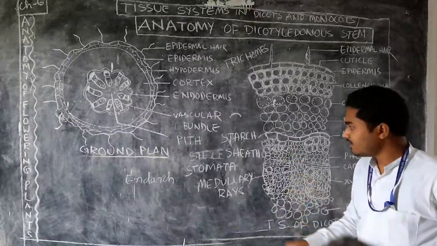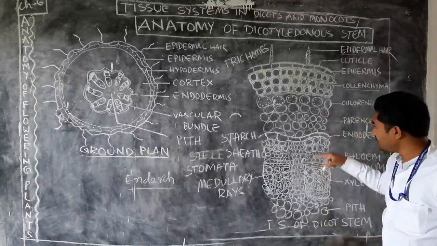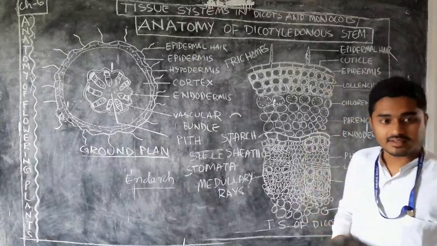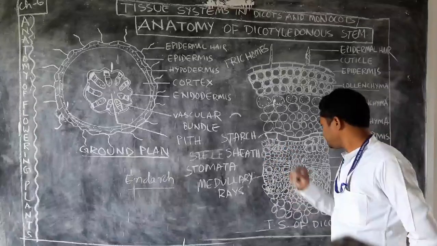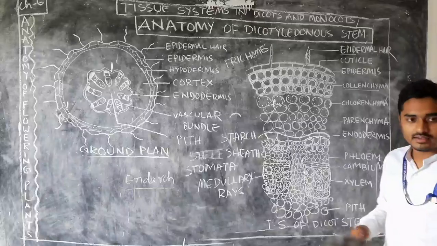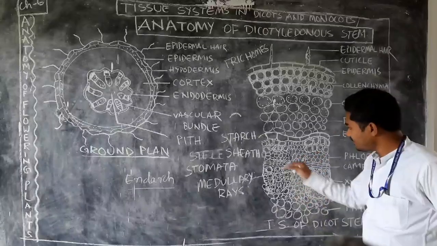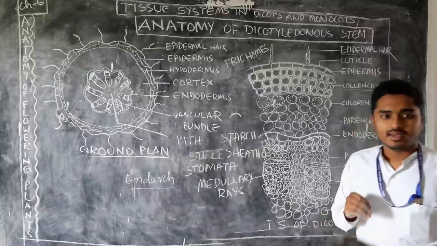So that's why it is endarch protoxylem, but the metaxylem is found towards the peripheral region. So here the vascular bundles are conjoint, that is xylem and phloem are present on a single strand, and they are open type, that is vascular cambium is present between xylem and phloem.